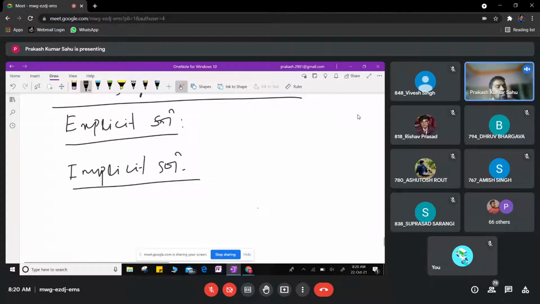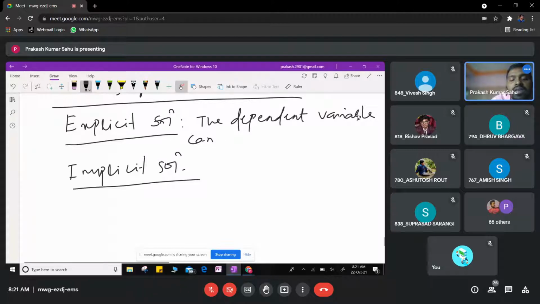For the explicit solution, the dependent variable can be expressed in terms of the independent variable.